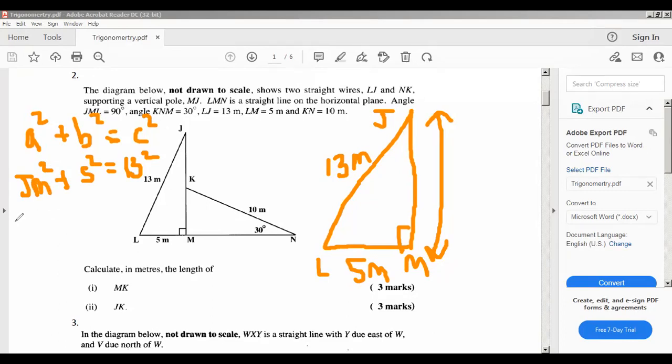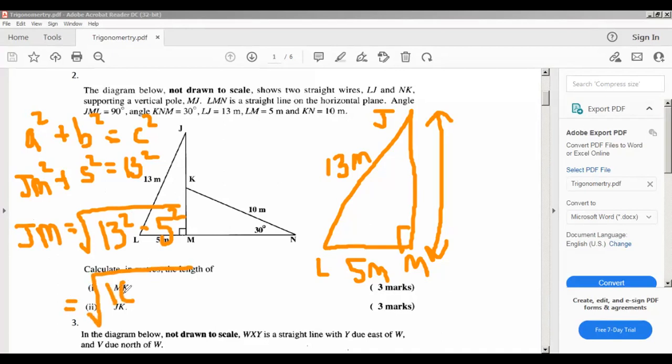So JM is going to equal the square root of 13 squared subtract 5 squared. 13 squared is 169 minus 25.